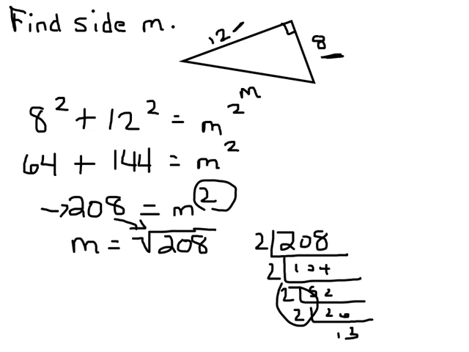So we've got two pairs of 2's that could come on the outside. M equals 2 times 2, which is 4, times the square root of this 13, which is all that is left. And hopefully you were able to follow that without too much trouble. It is in your book. Hopefully explained it just a little bit more in detail than your book did.